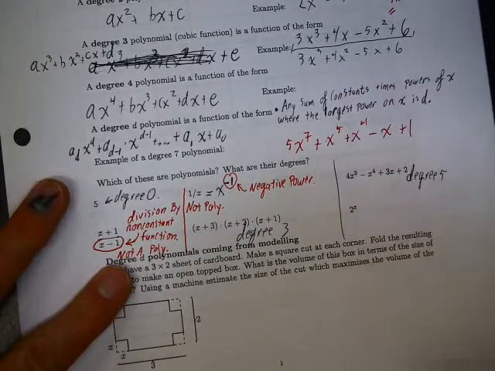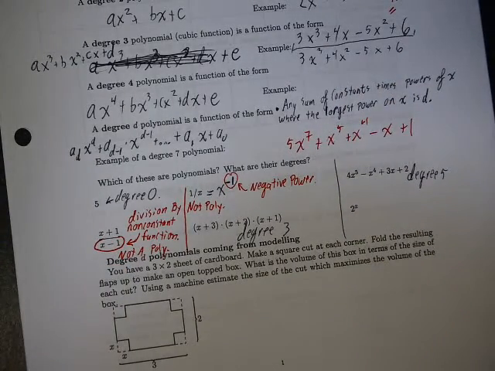And the last one, 2 raised to the power of x. Does that look like a polynomial? Is it a sum of a bunch of constants times powers of x? No, it's a power of 2, but the power you take is varying as x varies.